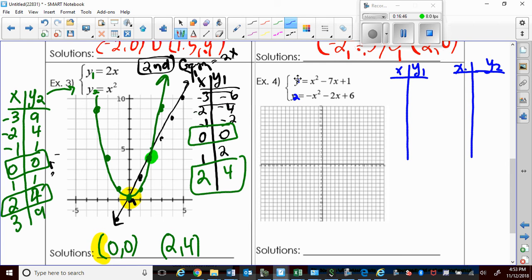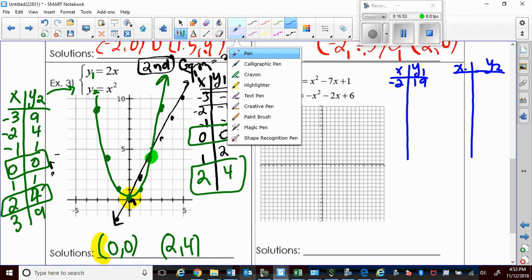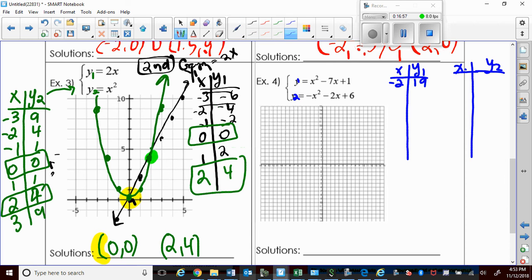So for the first equation, I have -2, 19, can't graph that. -1, 9, 0, 1, 1, -5, 2, -9.